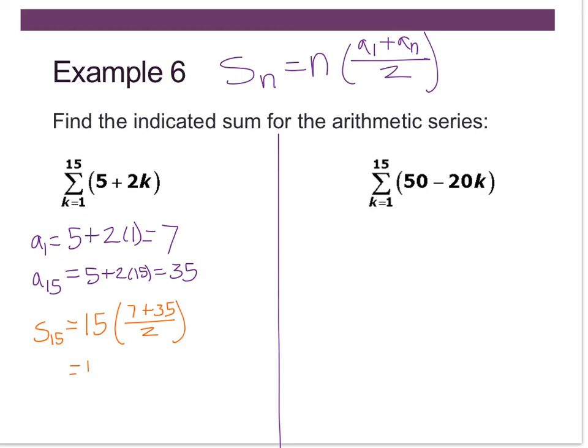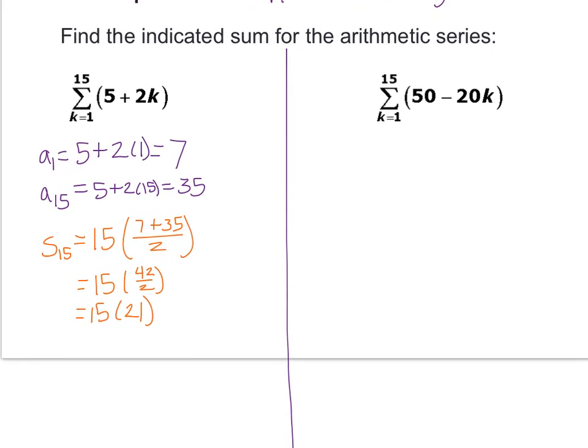That gets us 15 times 42 divided by 2, which is 15 times 21, which gets us our final answer of S sub 15 equals 315.